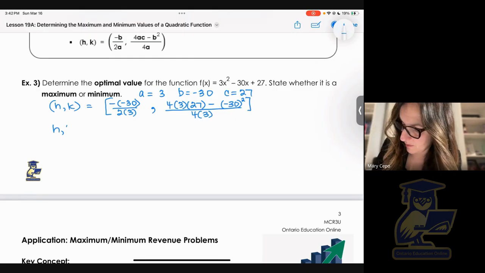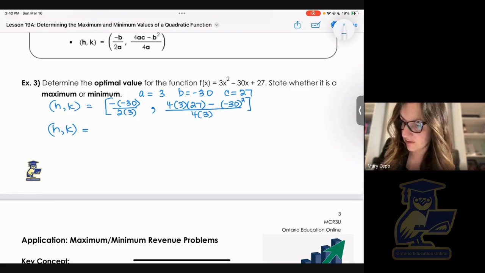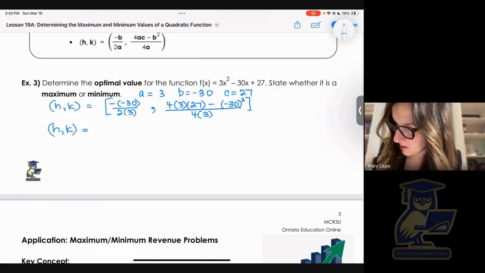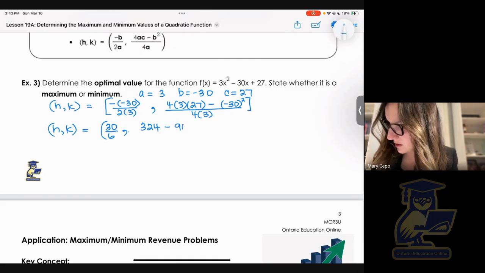Okay, so again, we're using the same function, using 3 different methods to solve for the vertex. So negative times a negative is a positive, so this is going to be 30 over 6. 4 times 3 is 12. 12 times 27 is 324, minus negative 30 squared, which is 900, all over 12.